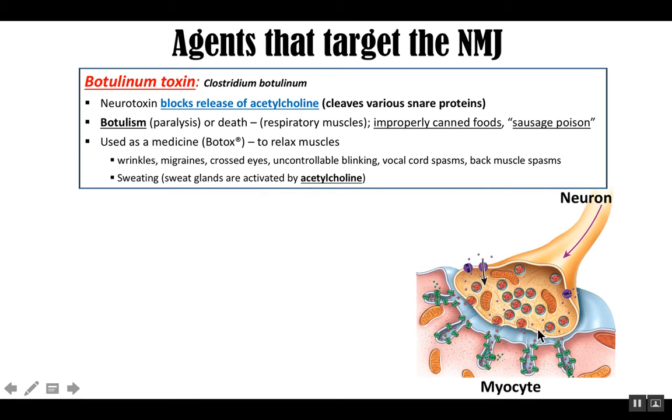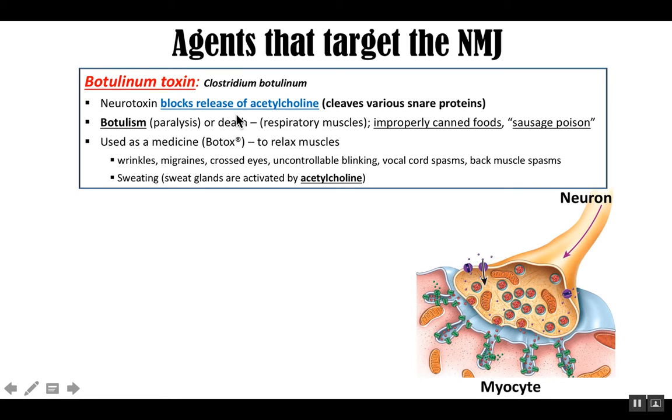So the botulinum toxin gets into this end bulb and prevents these vesicles from releasing acetylcholine. You can imagine if that happens, this muscle will not be able to be stimulated to contract.